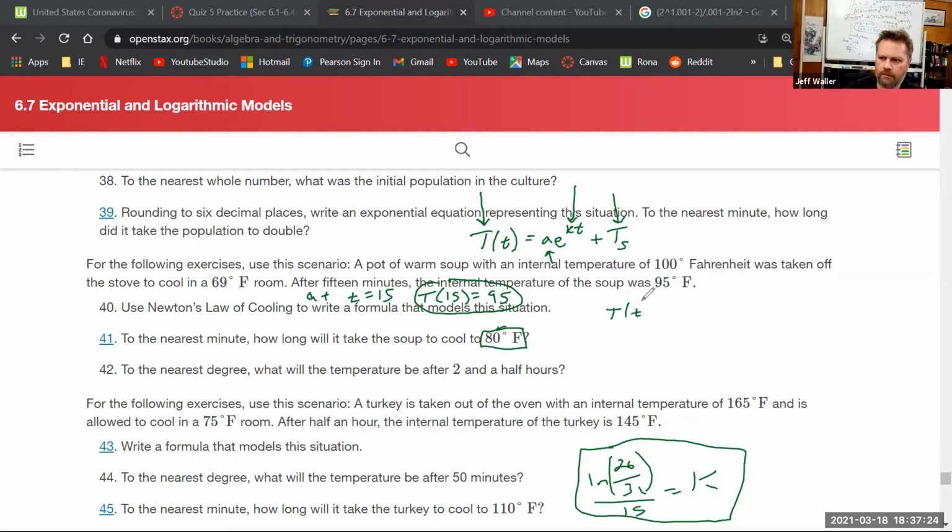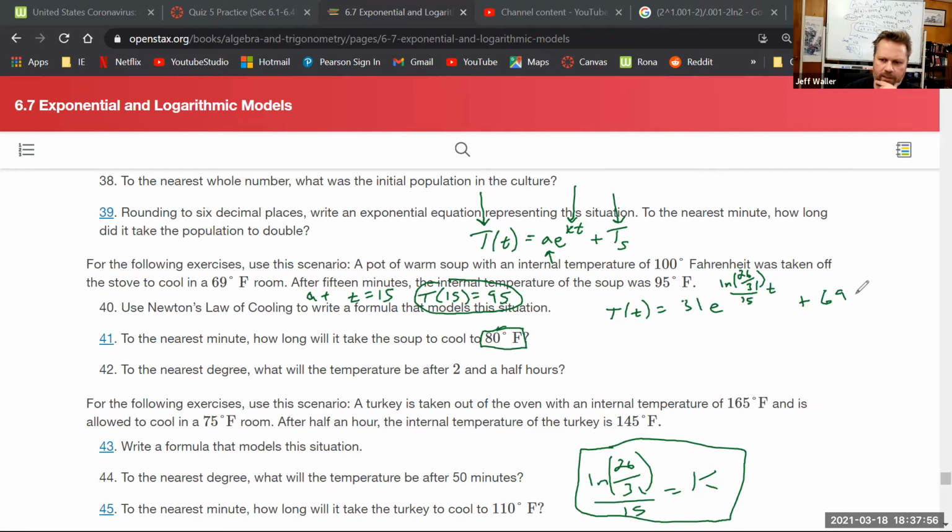T of t equals 31 e to the this business times t, plus 69.